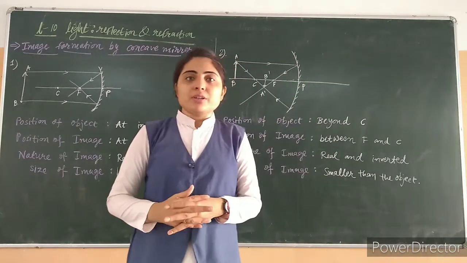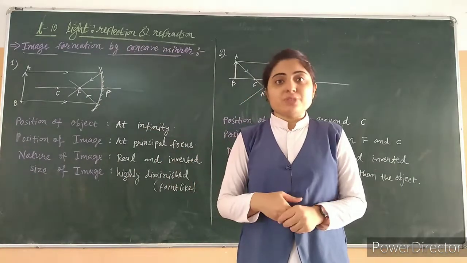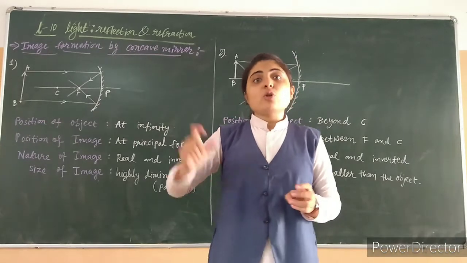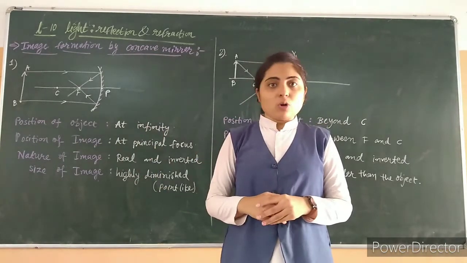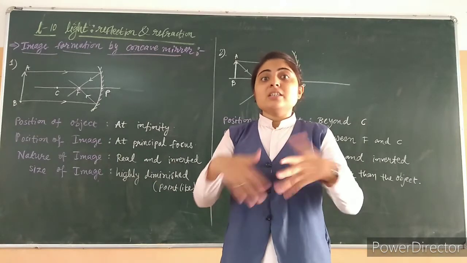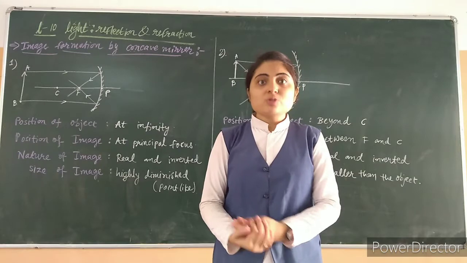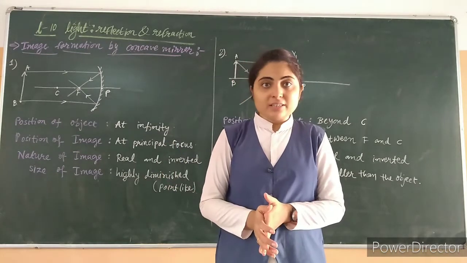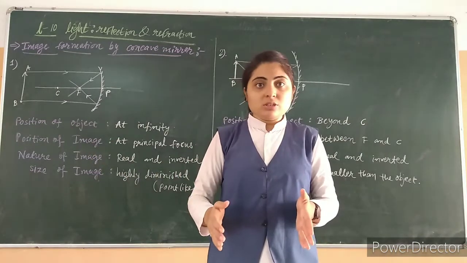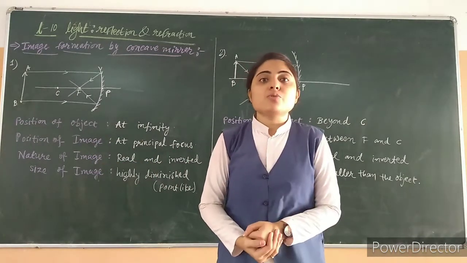Different from the plane mirror, whenever the object is placed in front of the mirror, the image depends on the position of the object. It means if the position changes, then the nature of the image changes. So we will take different cases, putting the object at different positions in front of the mirror to see what kind of image we get.